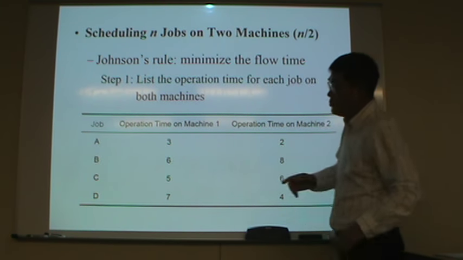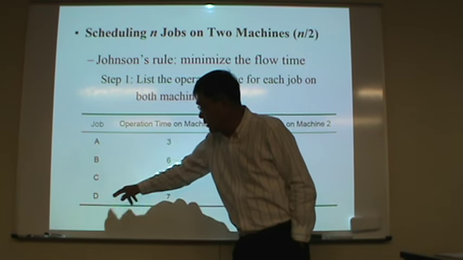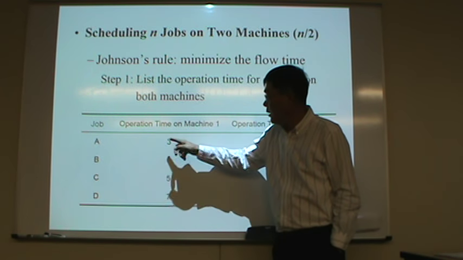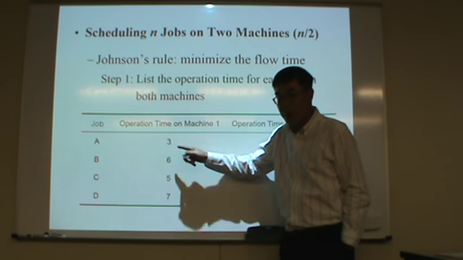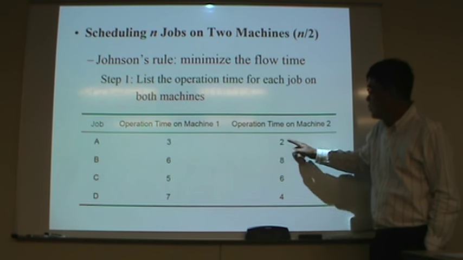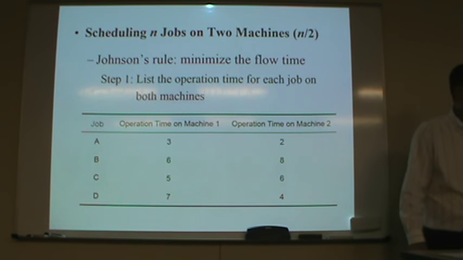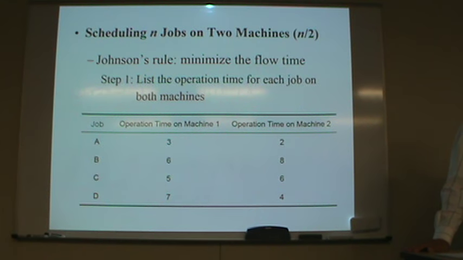If there are 4 jobs like this, A, B, C, D, and then operation time for A on first machine 3, and second machine 2, 6, 8, and so on. We call this Johnson's rule to minimize the flow time, make it faster.